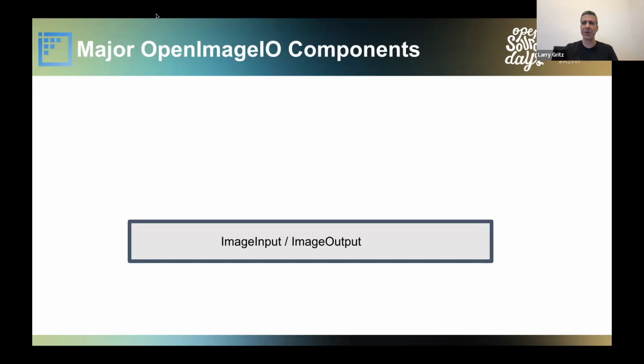So at the heart of it, and how the project started, are the two classes that we call ImageInput and ImageOutput. The idea there is to present a single, as simple as possible API for reading and writing images from disk files that is not format specific.